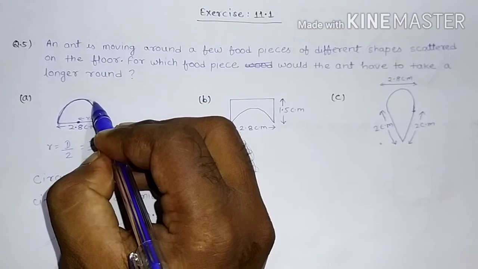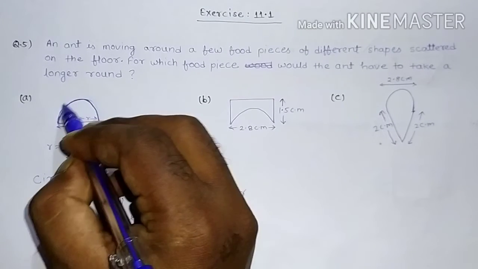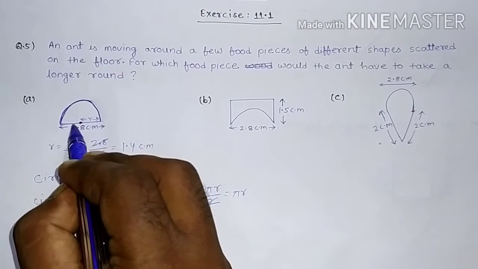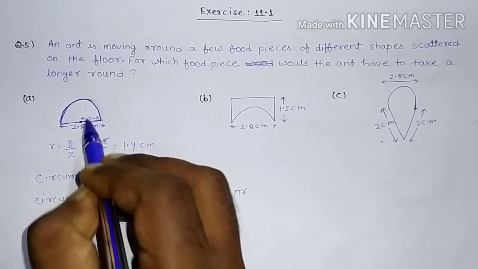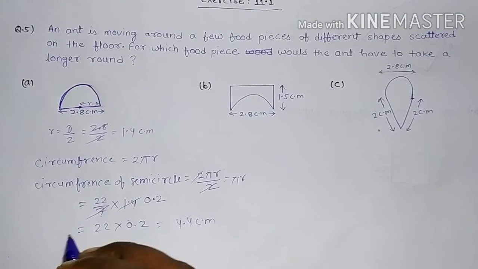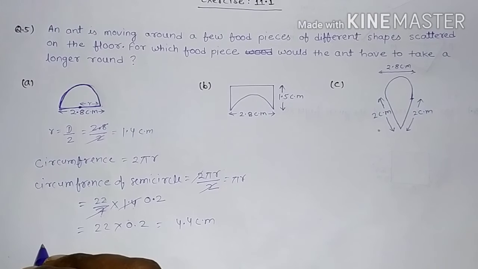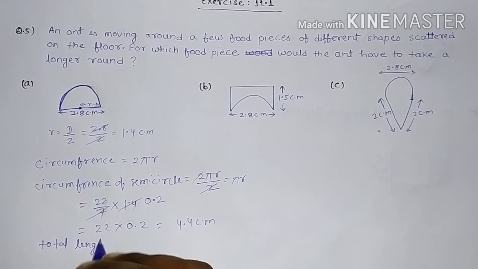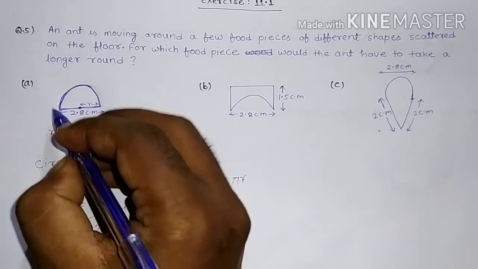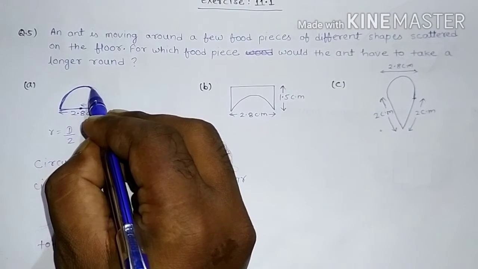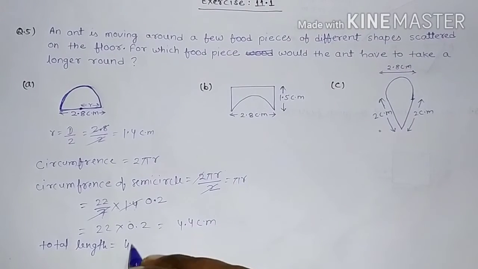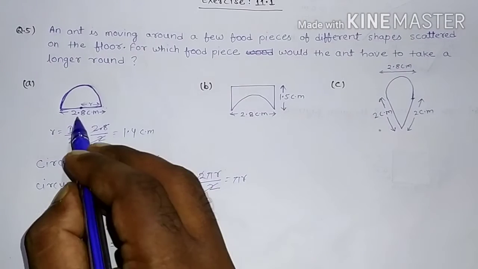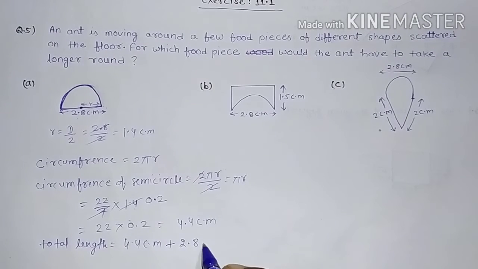and the perimeter of the whole figure is this length plus the diameter, that is 2.8. So here we can write total length equals circumference of half circle, that is 4.4 centimeter, plus this is the diameter, that is 2.8 given here, so this is 2.8 centimeter.